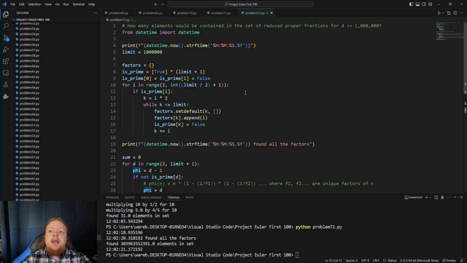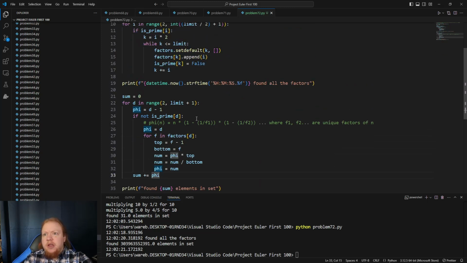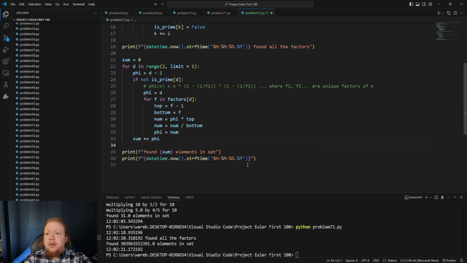And then we went ahead and tried to calculate relative primes, and we had a lot of false starts here, but I'd say we're looking good now, and I'm going to call it there for today.